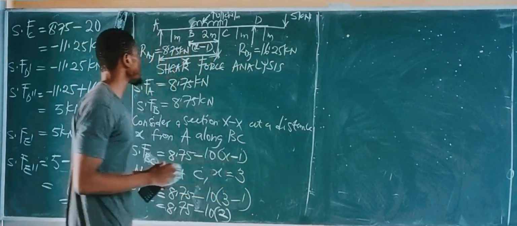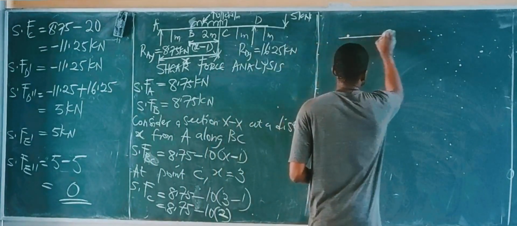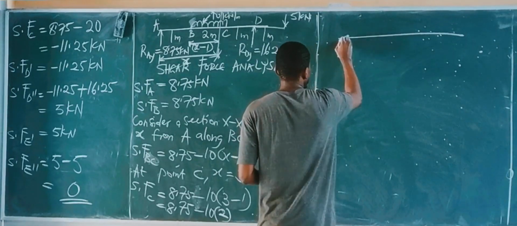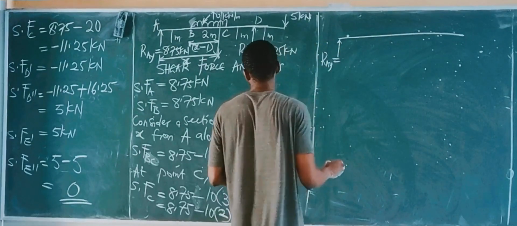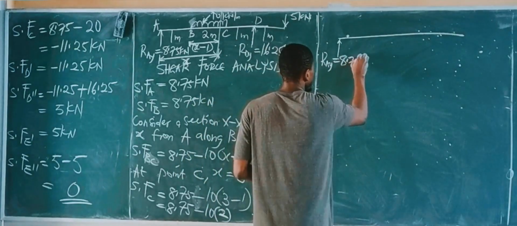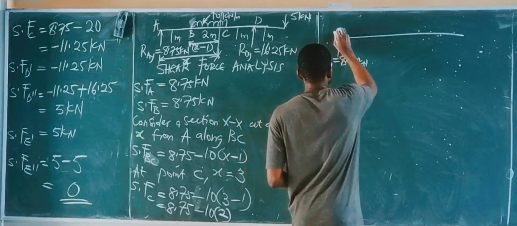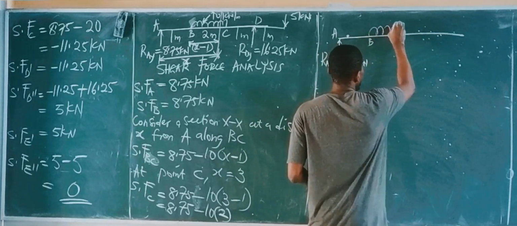Okay, so to plot the diagram, we also bring back the beam. So we'll have RAY, and that's equal to 8.75 kilonewtons. Also, between B and C is a UDL. So don't forget, bring back the UDL too, the way it is.